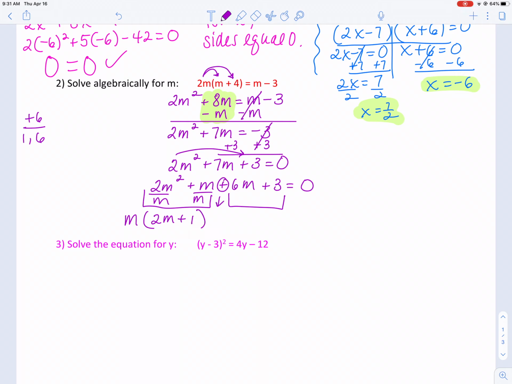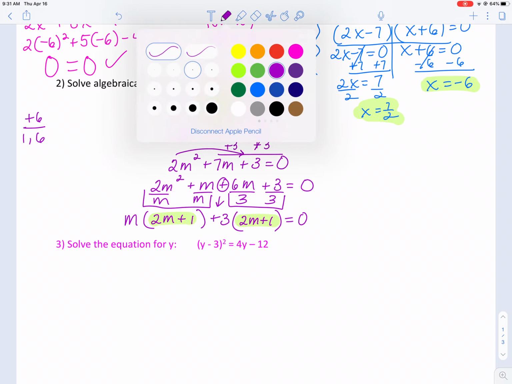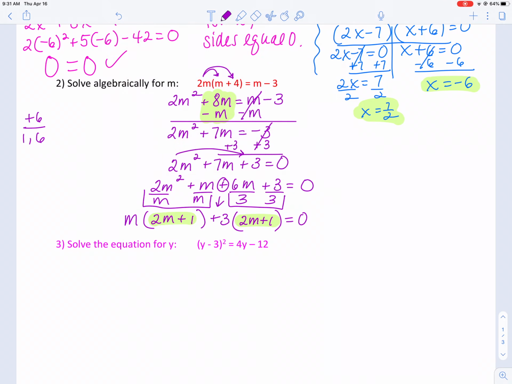Here, this number has to have a positive in front, and the GCF is 3. So when I divide each of those by 3, I get 2m plus 1. Okay, so I know I did it right. These match. That means one of my factors is 2m plus 1. My other one is the two GCFs, m plus 3.